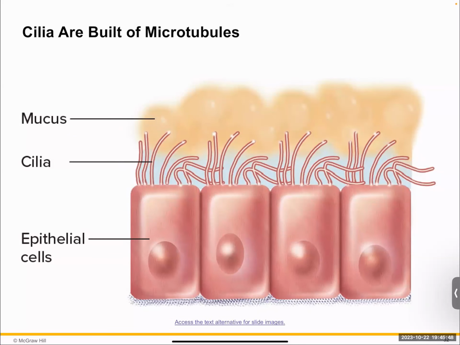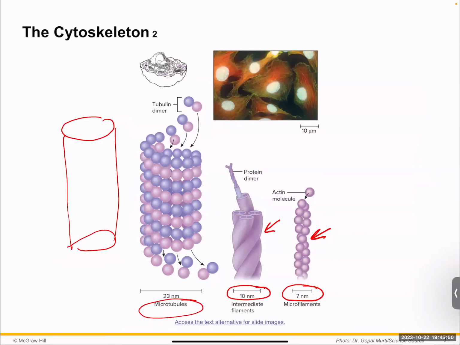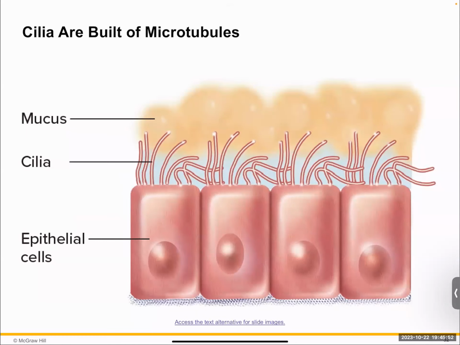So why do I care about microtubules? Microtubules are important because they form structures like cilia, which are tiny hair-like extensions on the cell surface. In this case, the cells are epithelial cells.